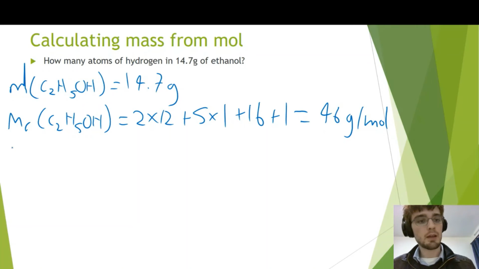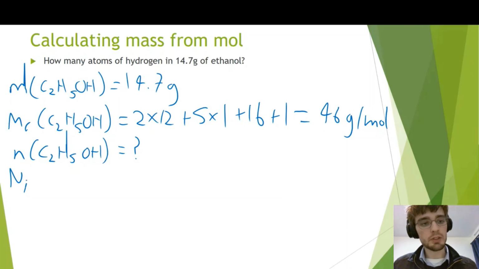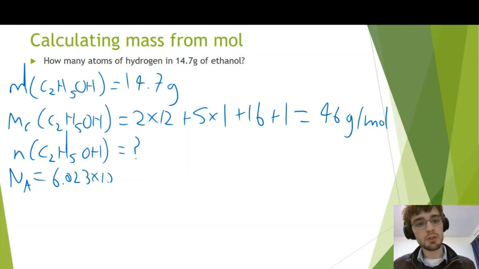And we have our amount of ethanol. We don't know. And I'll also just say Avogadro's constant is 6.023 times 10 to the 23.